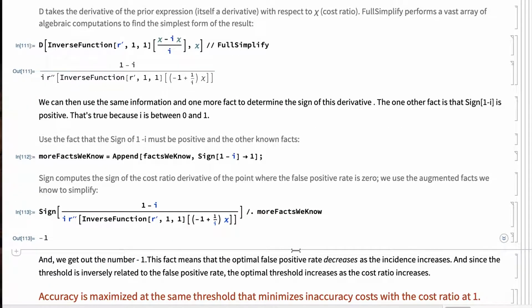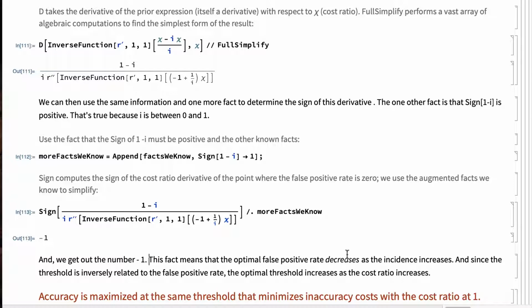And we do, -1. This means that the optimal false positive rate decreases as the cost ratio increases. Just what we saw when we were playing with the manipulate above. And since the threshold is inversely related to the false positive rate, the optimal threshold increases as the cost ratio increases. So we're now getting some of the physics of classification under our belt.